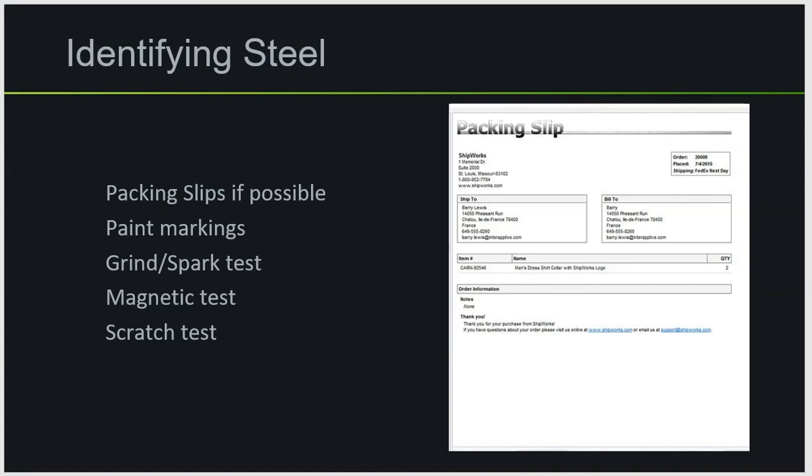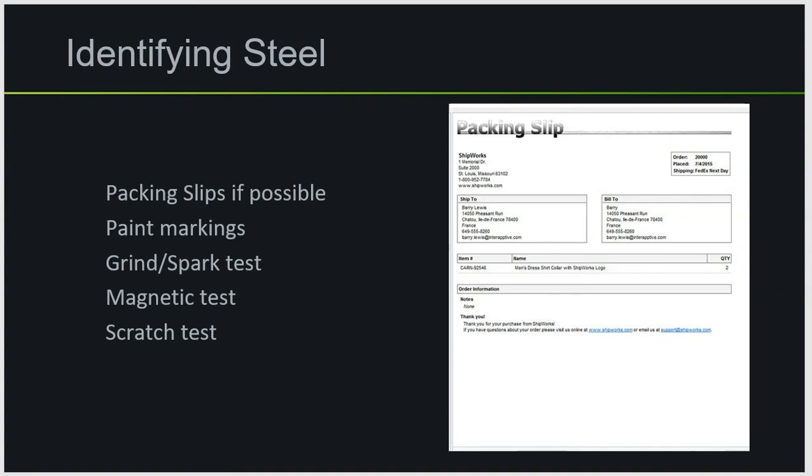Okay, so now that we know how steel is classified, what happens if the classification is nowhere to be found? What if we have an idea of what this steel is, but we need to know for sure? There are various different ways in which we can get a better idea of what type of steel we're working with.